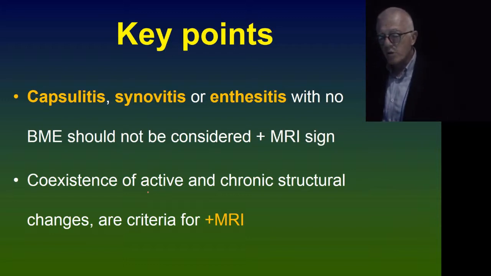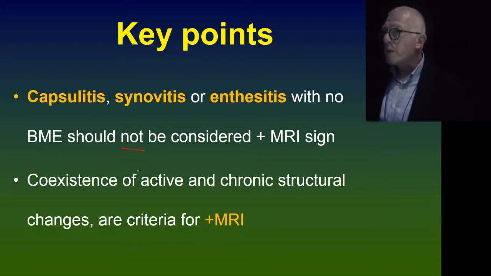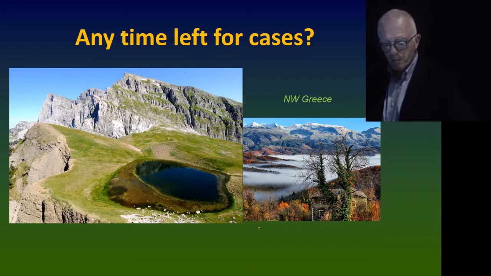Capsulitis, synovitis, or enthesitis without bone marrow edema should not be considered positive MR imaging findings. They can also be seen in overuse of the spine, in athletes, for instance. Coexistence of active and chronic lesions is considered a positive examination for a diagnosis of axial spondyloarthropathy.